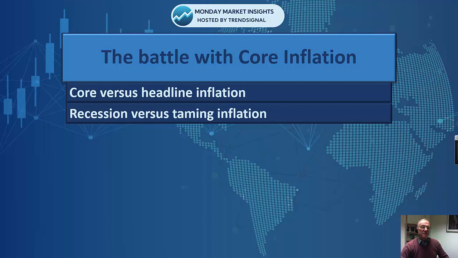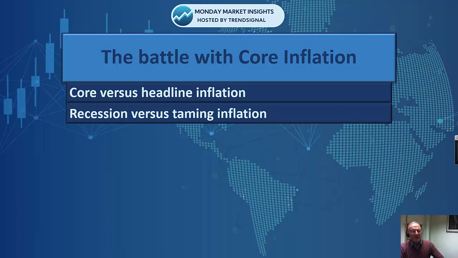In the US, the Federal Reserve was a bit late to the party in raising rates, and that's one of the reasons why the central bank in the US is going to struggle to put rates up enough to tame core inflation. I think the markets remain a little bit too optimistic about there being a soft landing for the US economy this year, i.e., where the economy slows but doesn't go into recession and inflation is tamed.